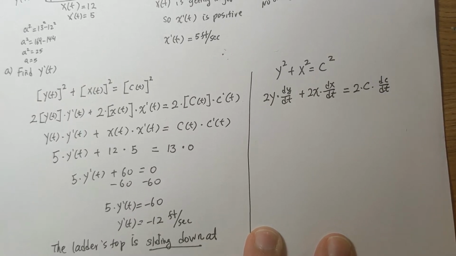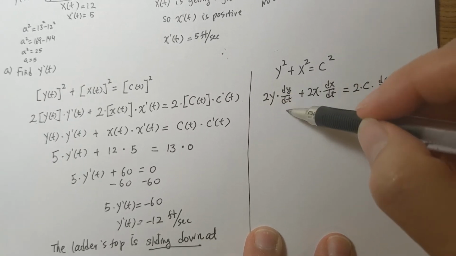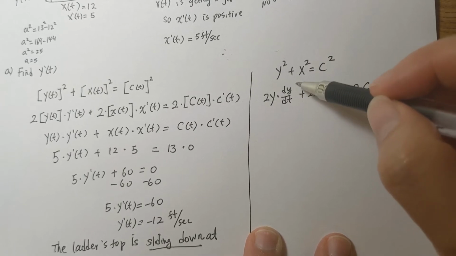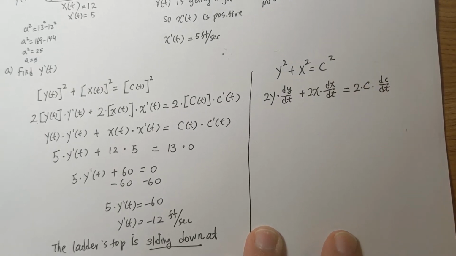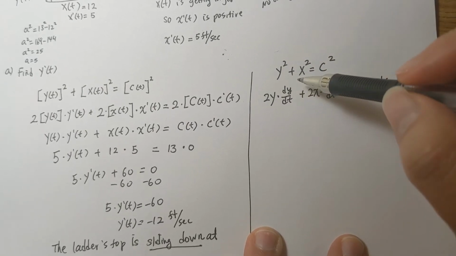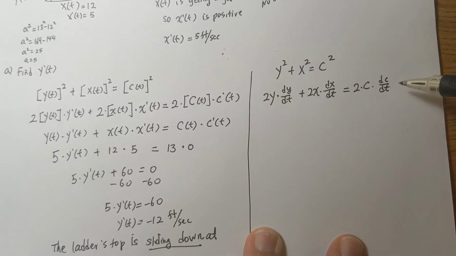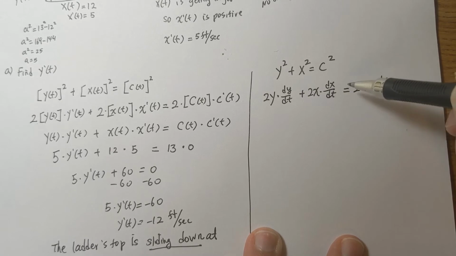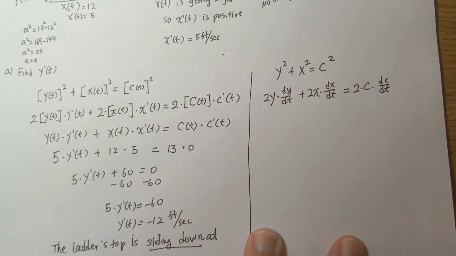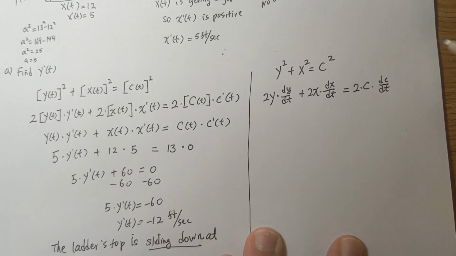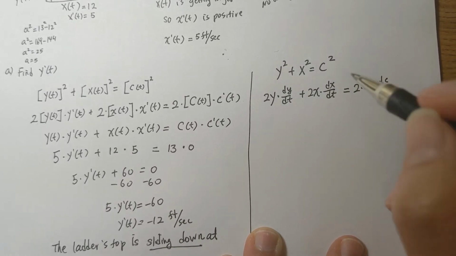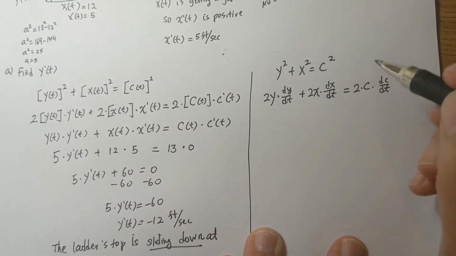As I mentioned before, some people got confused after we reviewed the implicit differentiation. So therefore, I want you to use dy/dt, dx/dt, dc/dt instead of y prime, x prime, c prime. So this way you will not get confused later on. So now we are going to cancel the 2 because each one has 2.